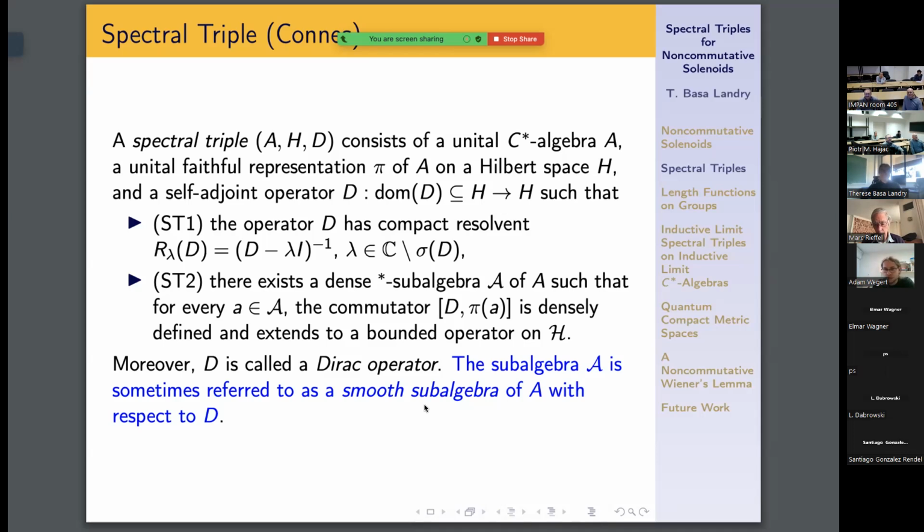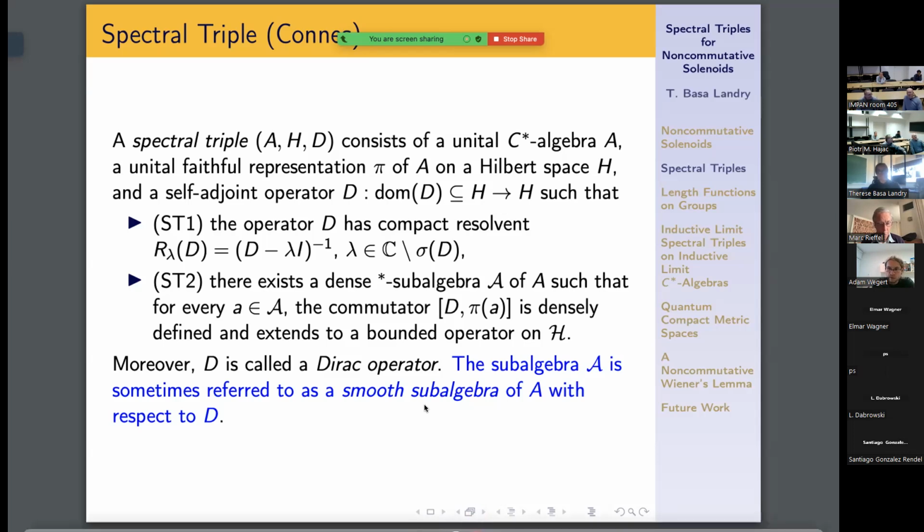Sorry, the order one condition is the condition that the commutators are bounded, yes? Now, order one is about commutators with commutators.